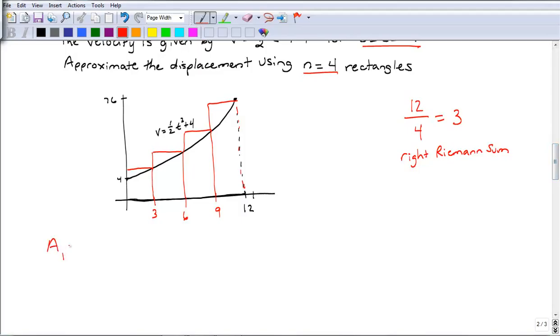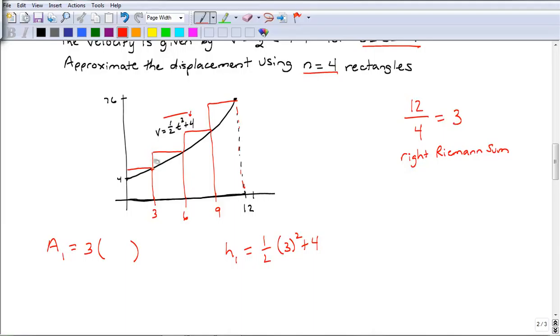The area of the first rectangle. The width is 3, and to find the height, I have to figure out how tall this thing is. Well, to figure out the y value here, notice it touches the graph there, which is 1/2 t squared plus 4. So to find the height of the first rectangle, I take 3 and plug it in to the velocity function.